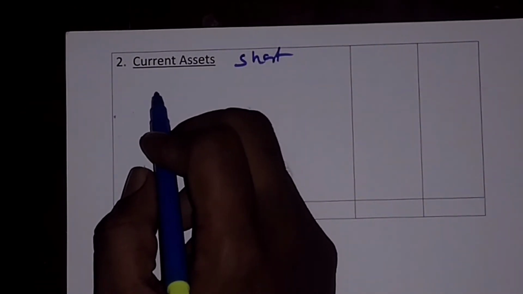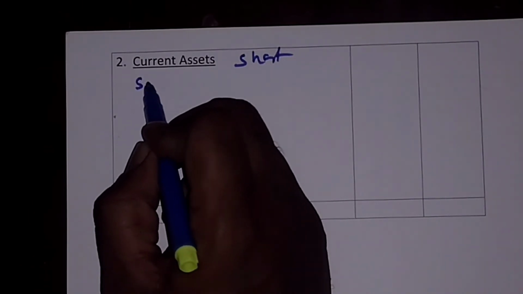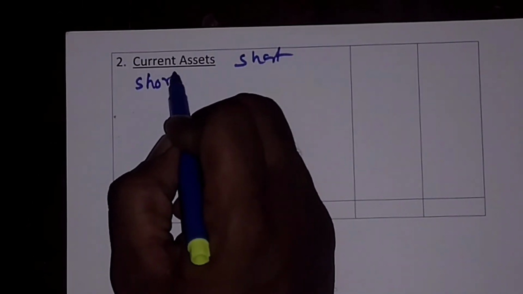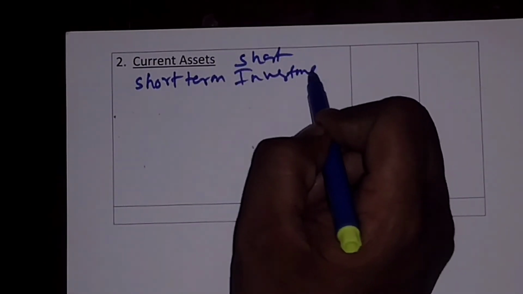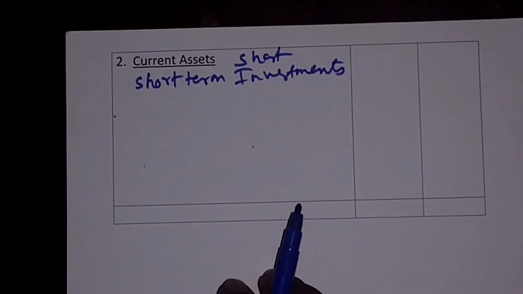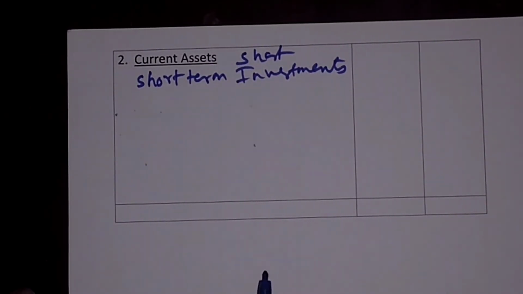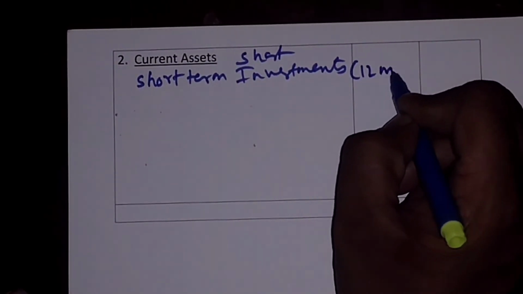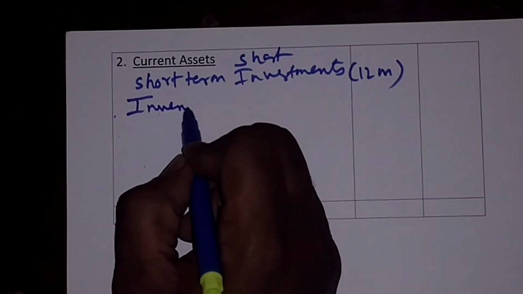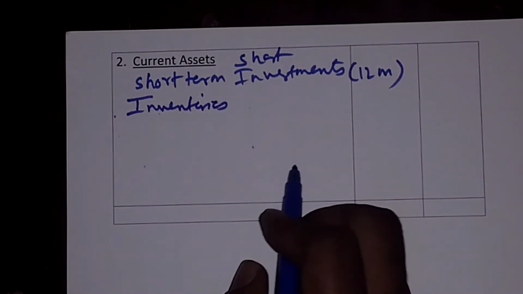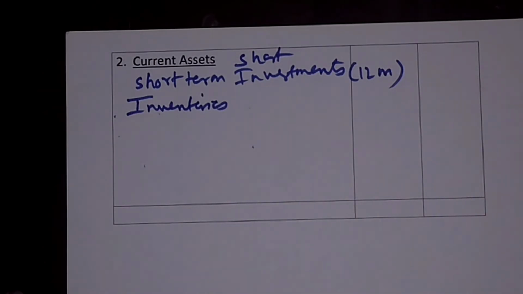Therefore, the very first one is short-term investments. What are short-term investments? Investments which will be held for less than 12 months. Next one is inventories. Inventories means stock.